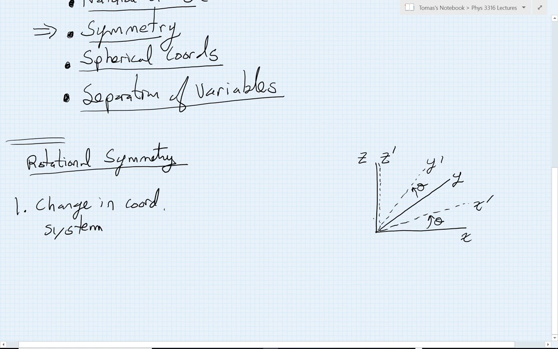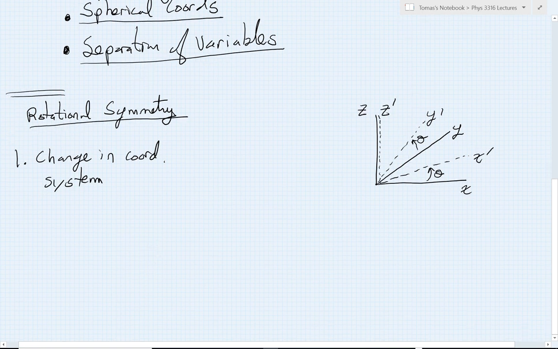So that's the first step, a change in coordinate system. The second step then is to define an operator that affects that change in coordinate systems. So my operator I'm going to define is going to be R for rotation, hat to make it an operator, z, because in this case I'm considering rotating around the z-axis, but in general I could have considered rotations about other axes, and the amount of rotation then was theta.